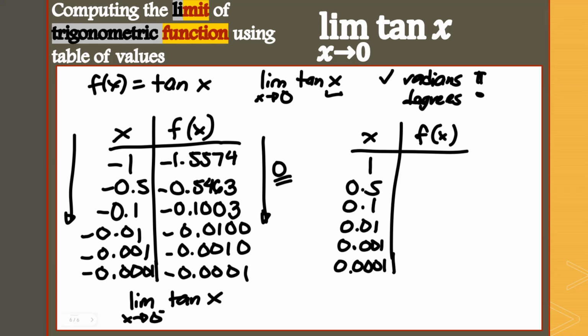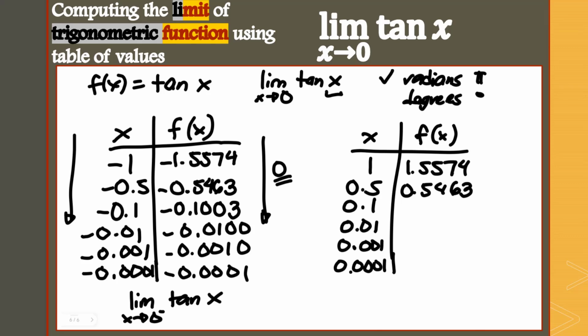The first entry will get you a positive value. If you illustrate this in a graph, you would see a similar trend. So you will have positive 1.5574. For 0.5, you will have approximately 0.5463. As you can see, they mirror each other in terms of absolute value, with opposite signs.